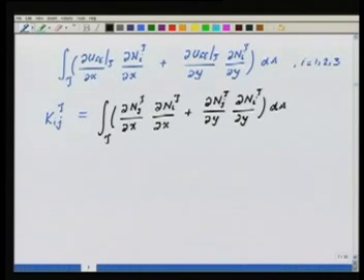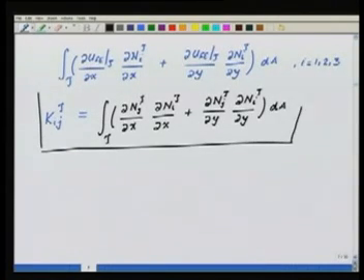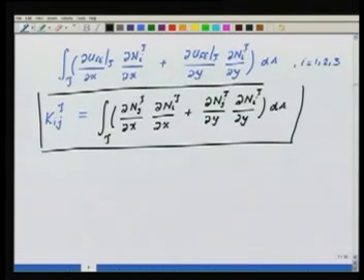So this is going to be my ijth term of the element stiffness matrix, where i, j equal 1, 2 and 3.